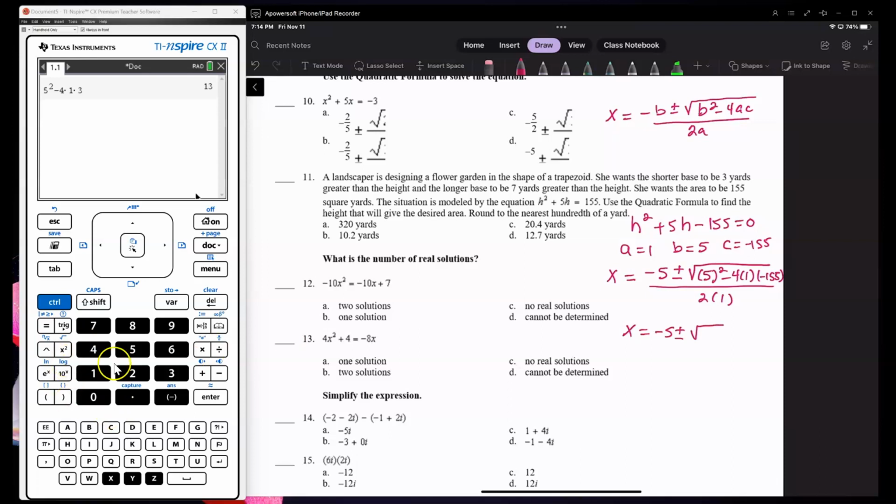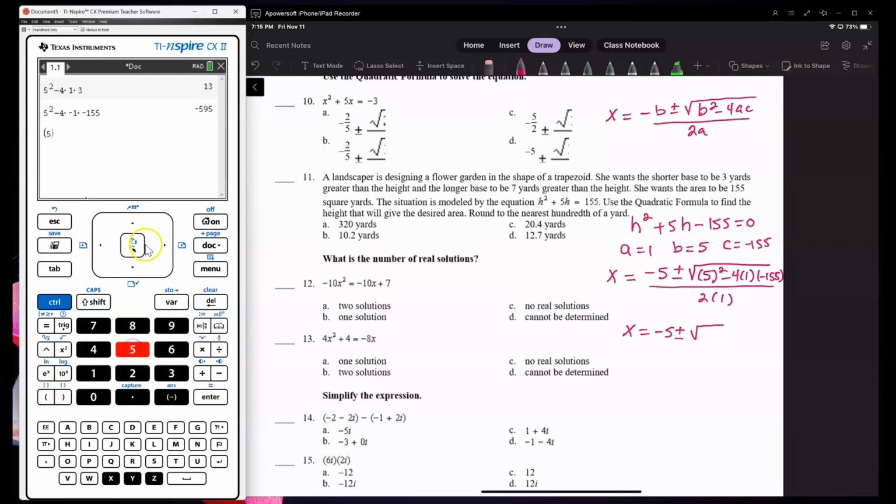So we're going to go ahead and evaluate the discriminant. 5 squared minus 4 times negative 155. And I made a mistake with the parentheses. Let me do it again.